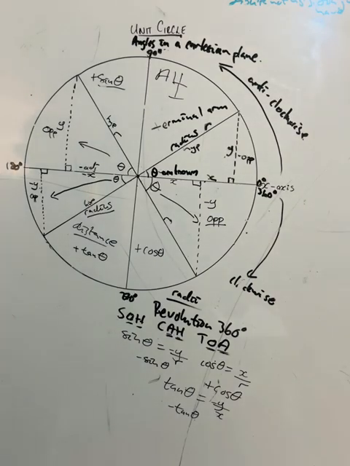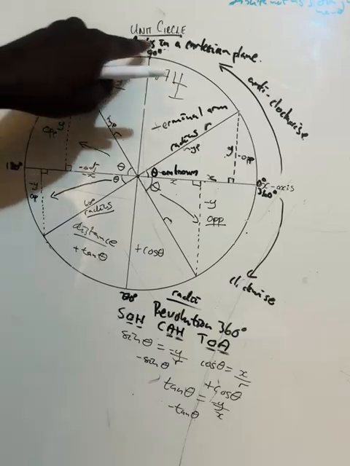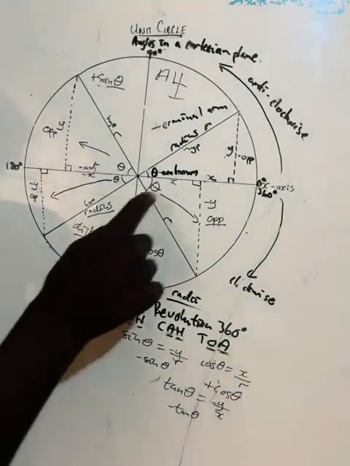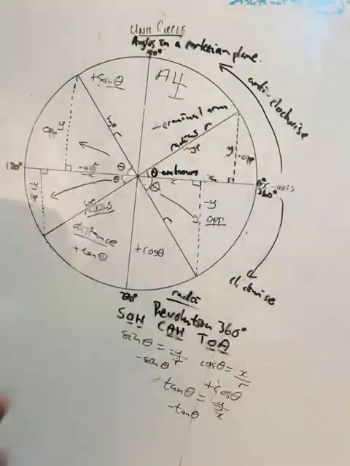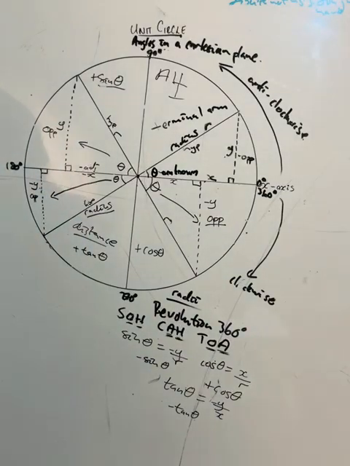Right? So this is what happens in the unit circle, or the angles in a Cartesian plane. These angles are found in a Cartesian plane, right? This is how you determine whether your trig ratio is positive or negative. It's not thumb sucking, it's actually based on a particular concept.